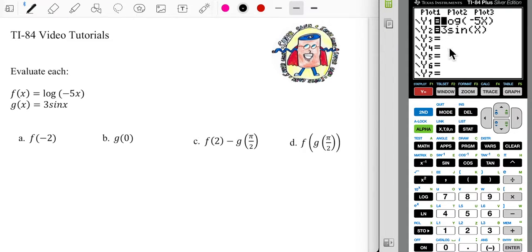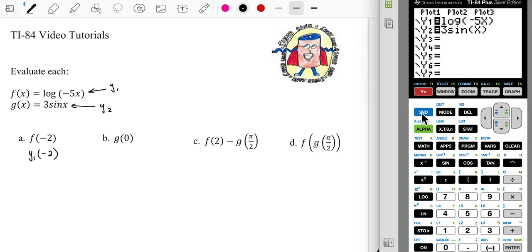So again, my equations are typed in. Now I want to evaluate. The first thing I'm going to note on paper here is that I stored this into y1 and I stored this one into y2. So to find the value of f of negative 2, I'm going to tell the calculator to compute y1 of negative 2.